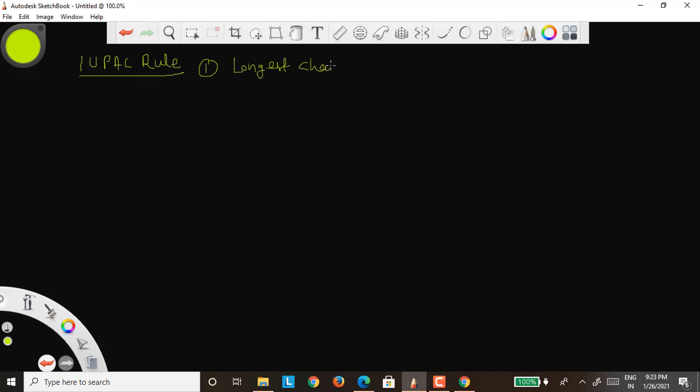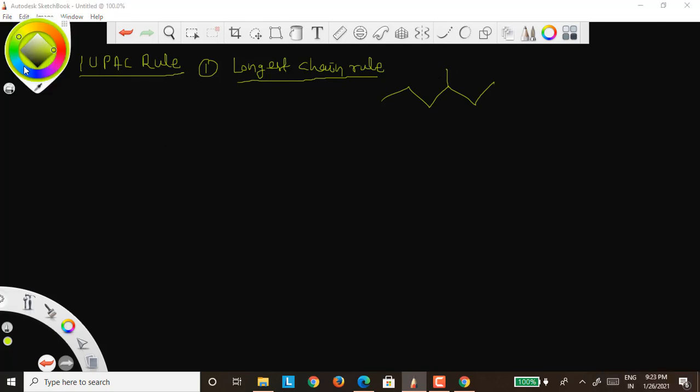Longest chain rule. That means this rule says that you have to select the longest chain and give the numbering, and naming will be based on that numbering. Okay. Now suppose you have a structure like this. So how can you give numbering?